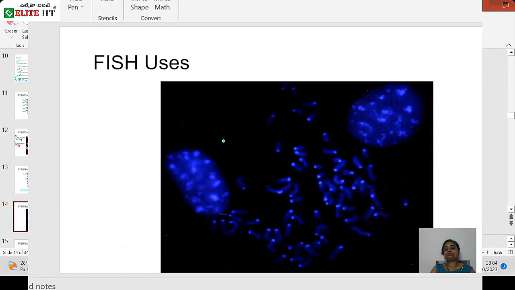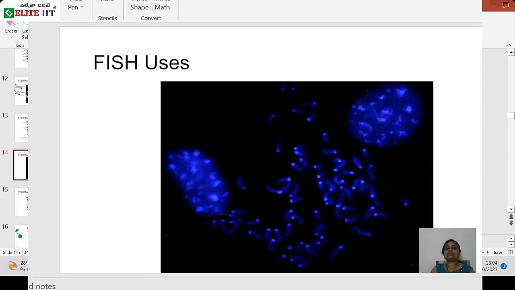Now in the microscope you can observe it in this way. See, fluorescent color is coming out of the chromosome here. So at multiple positions, only a blue colored fluorescent compound is added, so you are finding blue color.